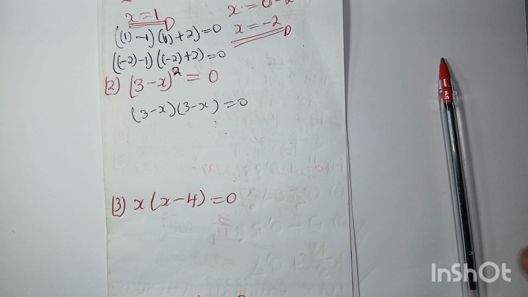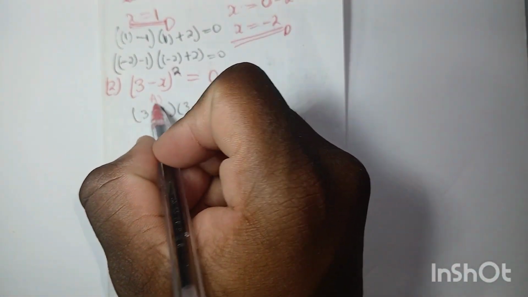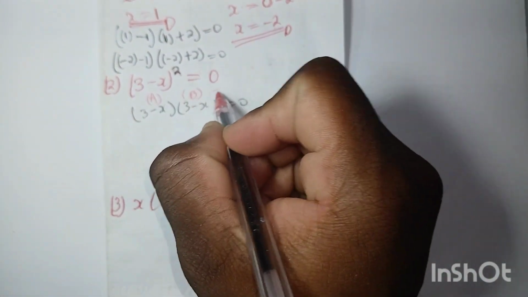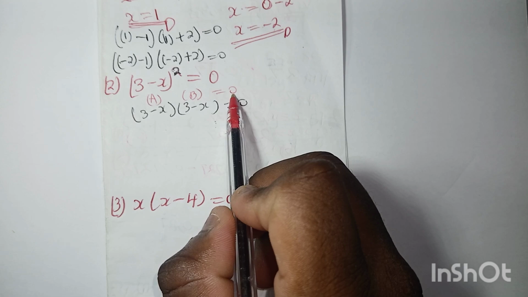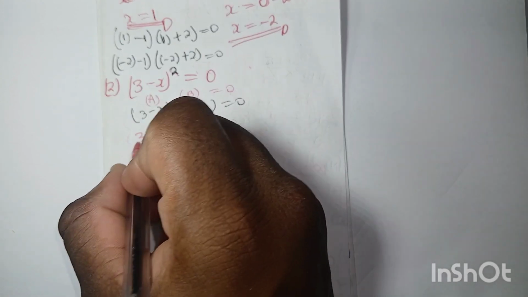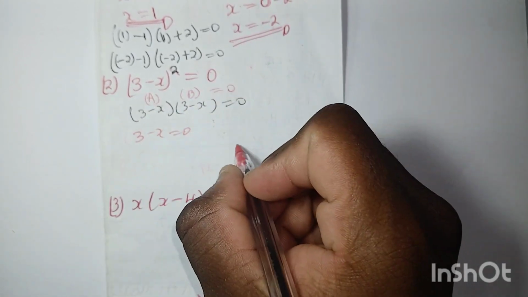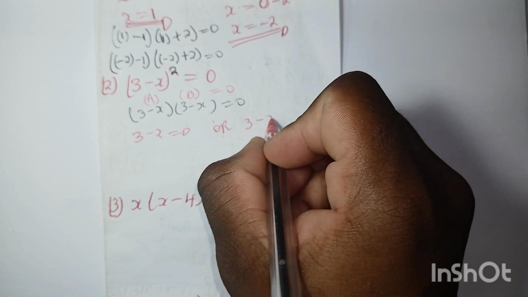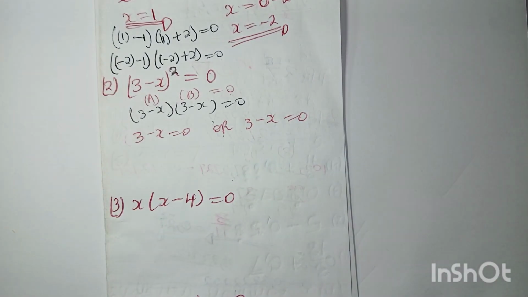Now I have bracket A and bracket B, and they are equated by 0. I will equate each bracket by 0. Here, those two equations are the same, meaning the answer at the end must be the same. Do you see?